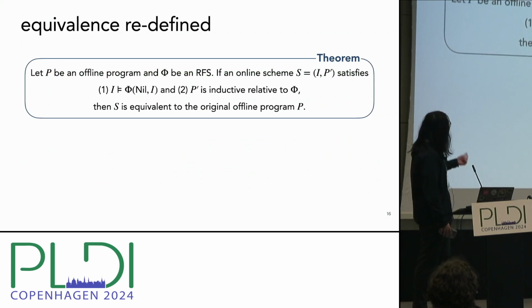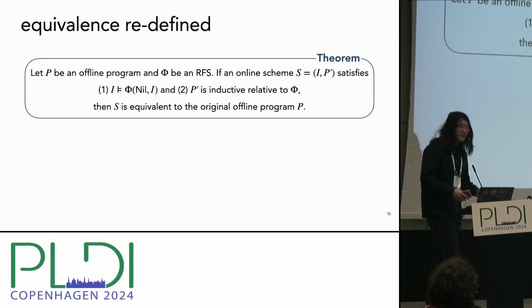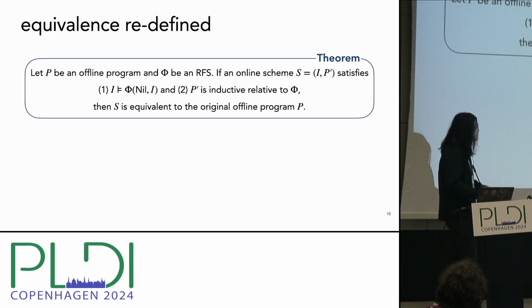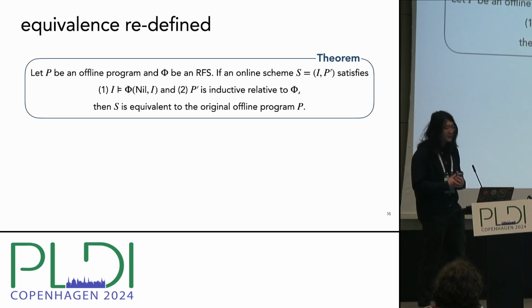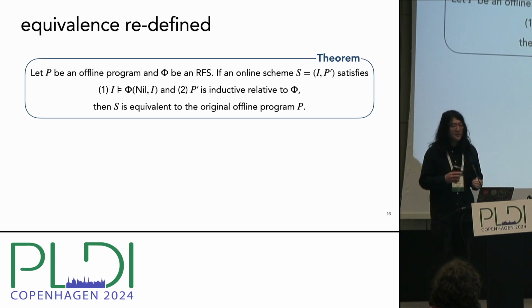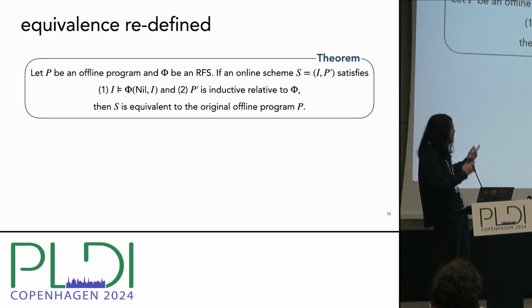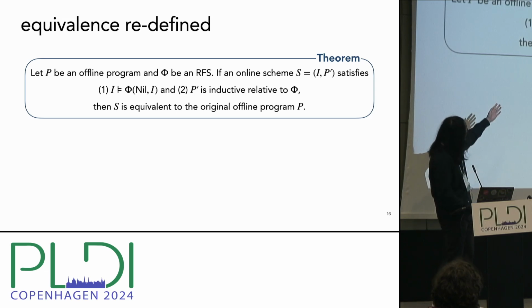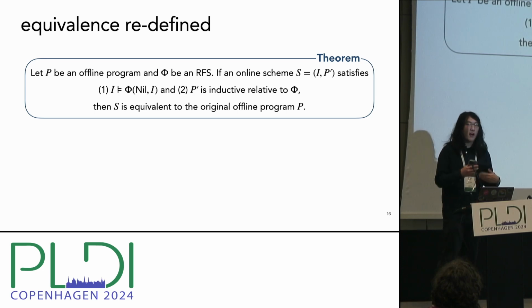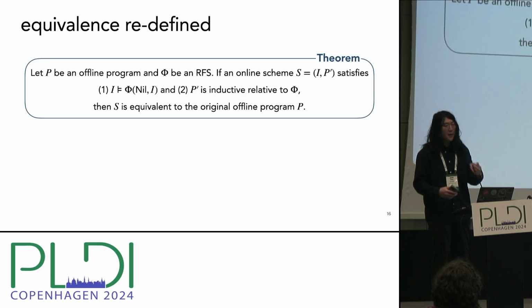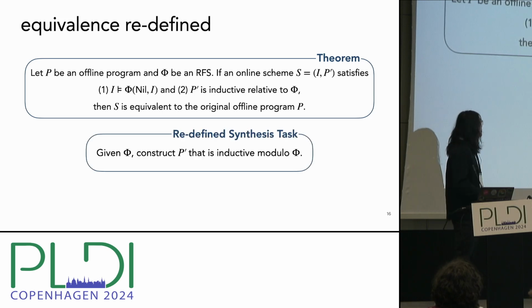So with that definition, we show that the equivalence can be redefined as follows. The online scheme S will be equivalent to the original offline program P if, first, its initializer is consistent with the RFS, and secondly, P prime is inductive relative to phi.